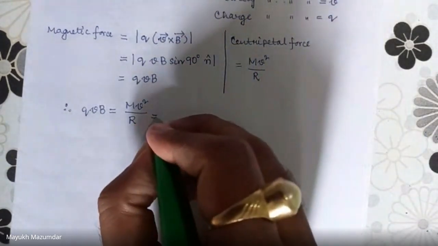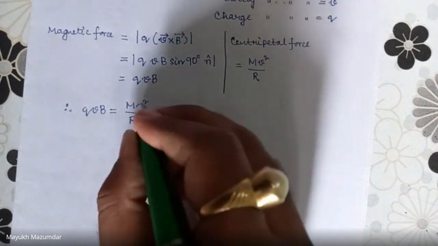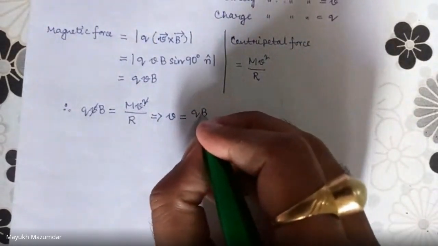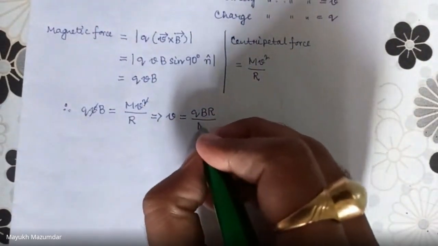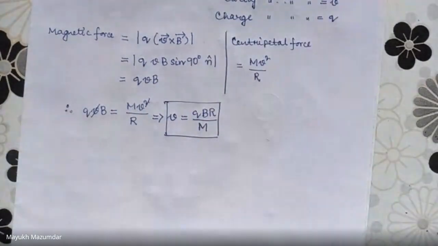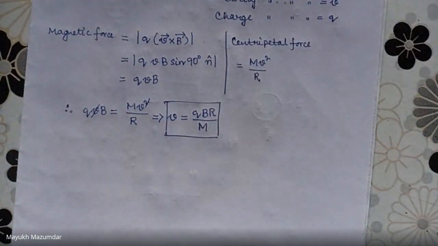So from here we can find the value of velocity v. It's qBr by m. It is very important, this formula. This is true for any charged particle in this magnetic spectrograph.